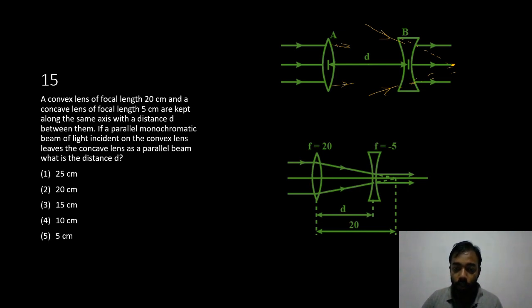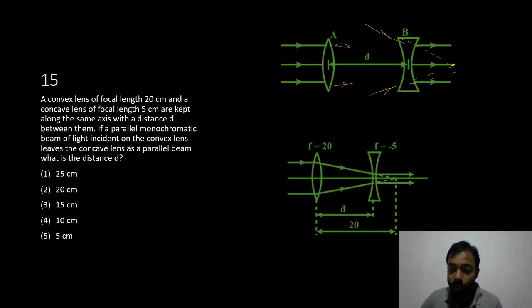So here there is the convex lens, and parallel rays are coming which are converging towards the concave lens. Here you can see if you just extend these converging rays, they will form a real image here if the concave lens is not there.